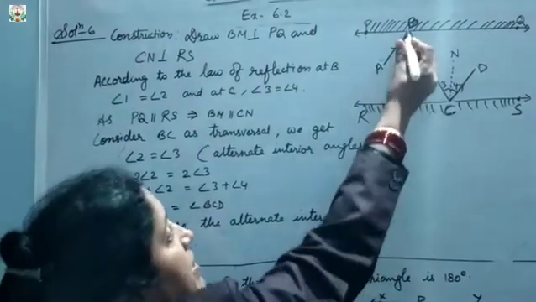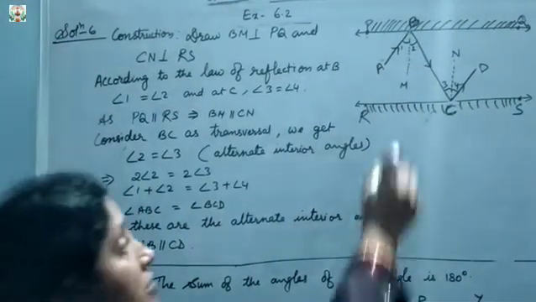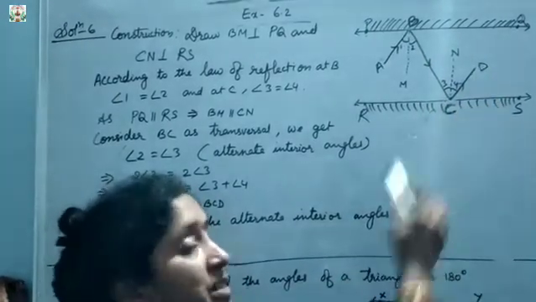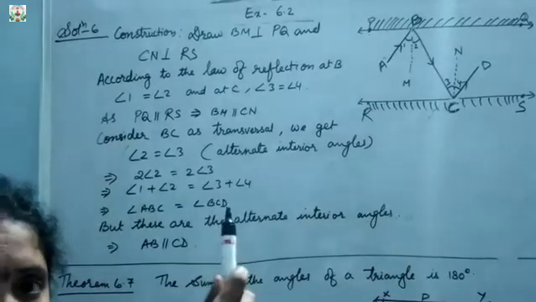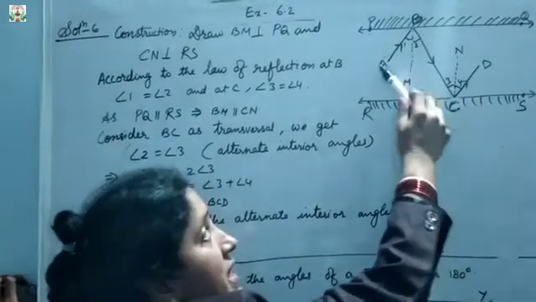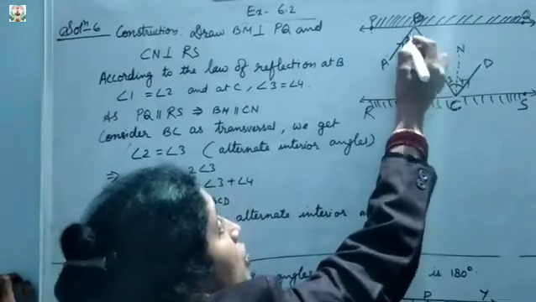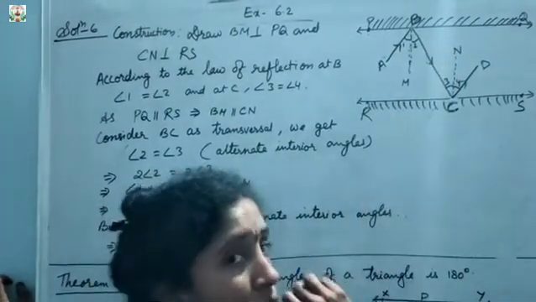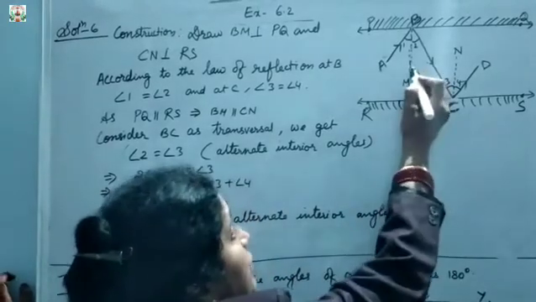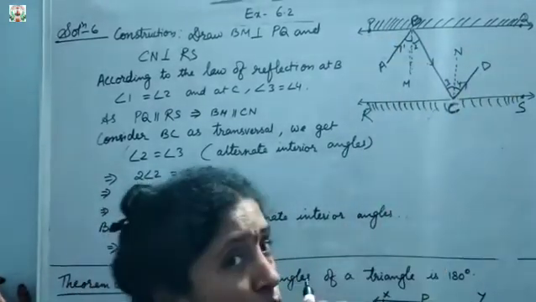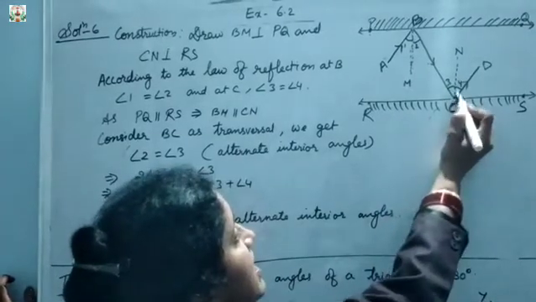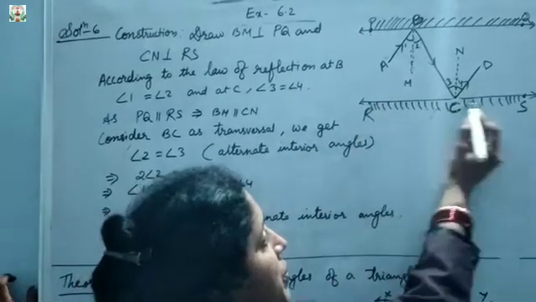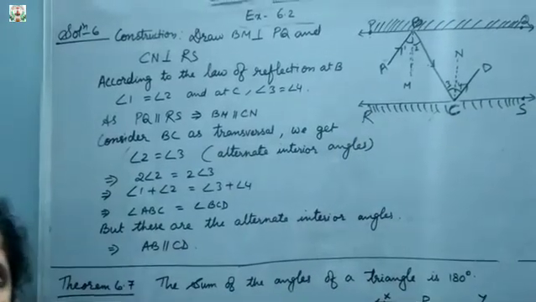That is, AB is the incident ray which reflects back through BC and again reflects back through CD. So CD is the reflected ray, AB is the incident ray. Now the perpendiculars which we draw: BM will be perpendicular to PQ, and CN, the normal which is drawn here, will be perpendicular to RS. Clear?